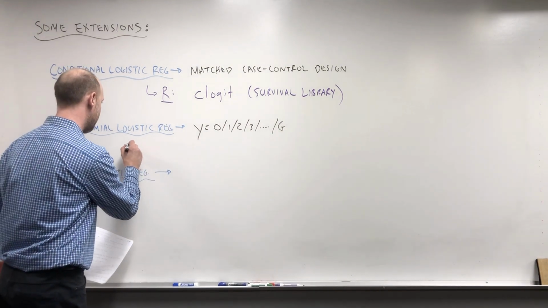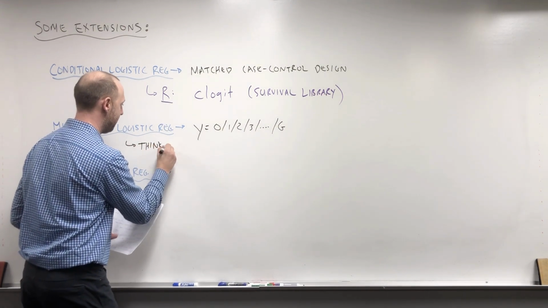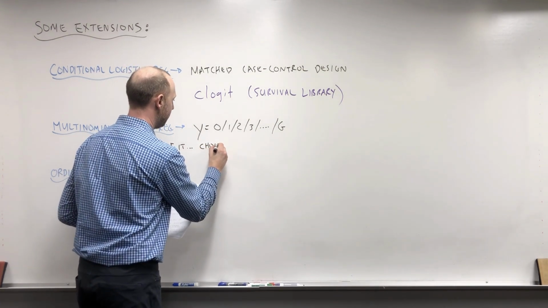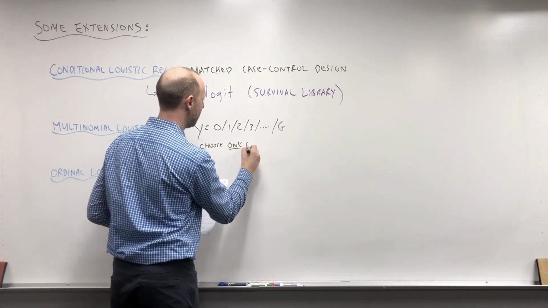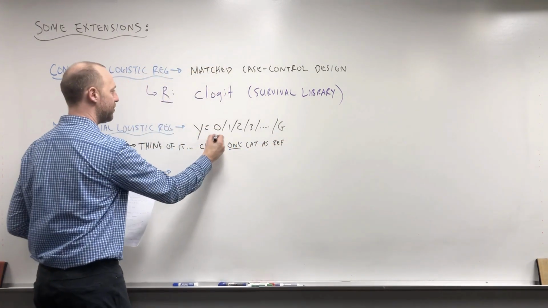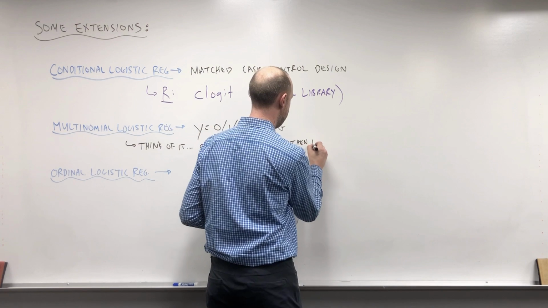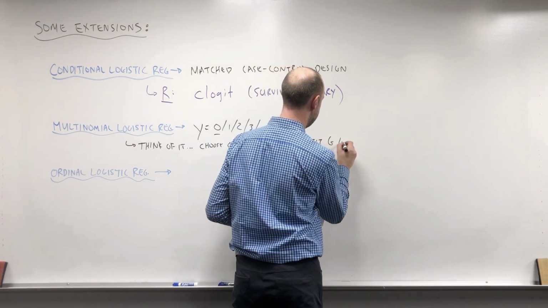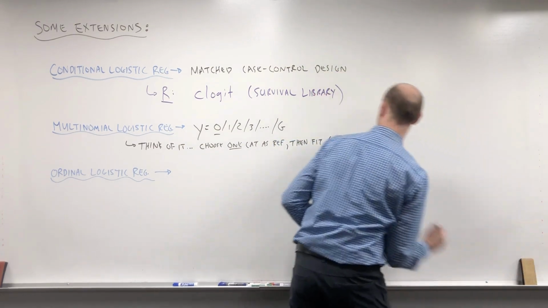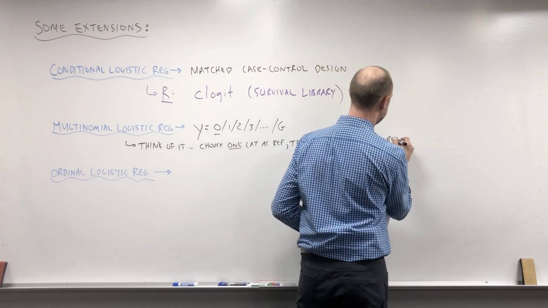The way the multinomial logistic regression model works, or you can think of it, is that you choose one category as the reference. So suppose you choose category 0 to be the reference. And then fit G, I guess it would be G minus 1, logistic regression models.